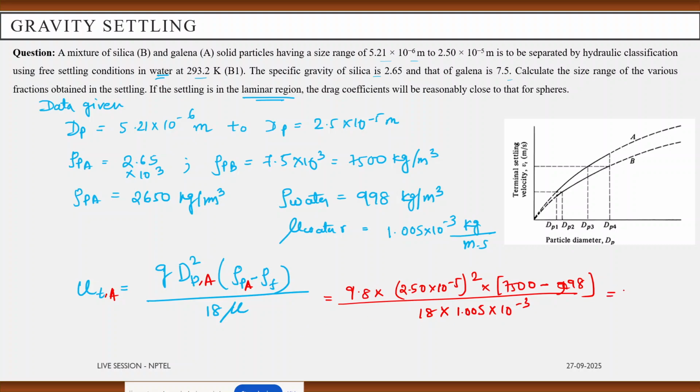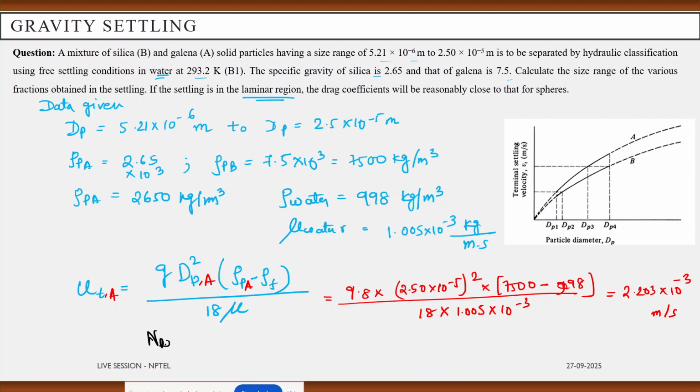This value becomes 2.203 into 10 to the power minus 3 meter per second. Now you have this value. So what will be the Reynolds number for this case?